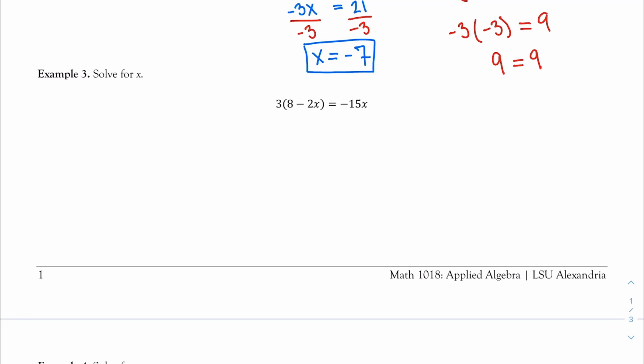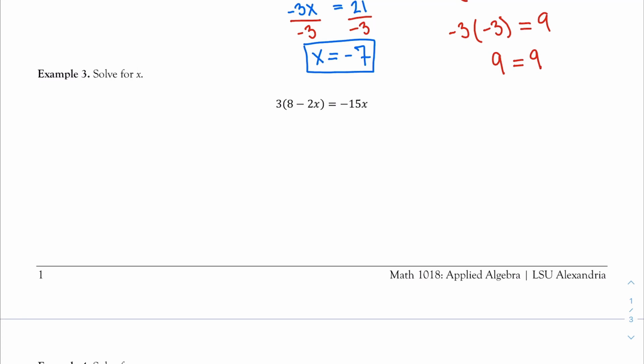Going down my steps, step 1, there's no fractions for me to worry about. I'm already done with step 1. Step 2 is I have to get rid of my parentheses. Here I have 8 minus 2x in parentheses.